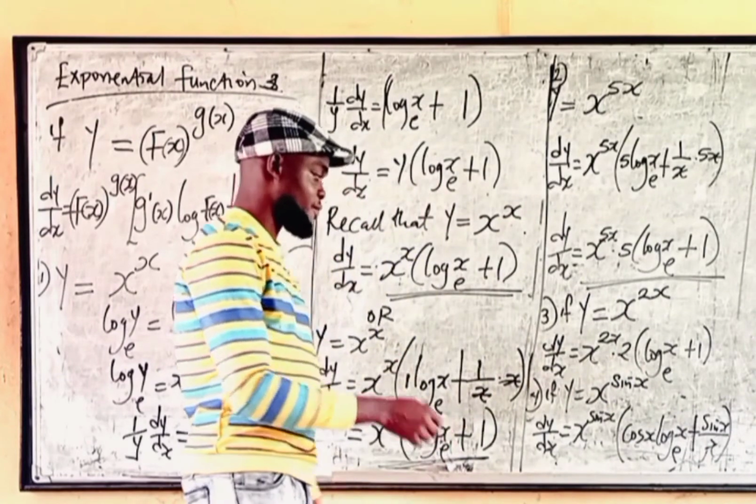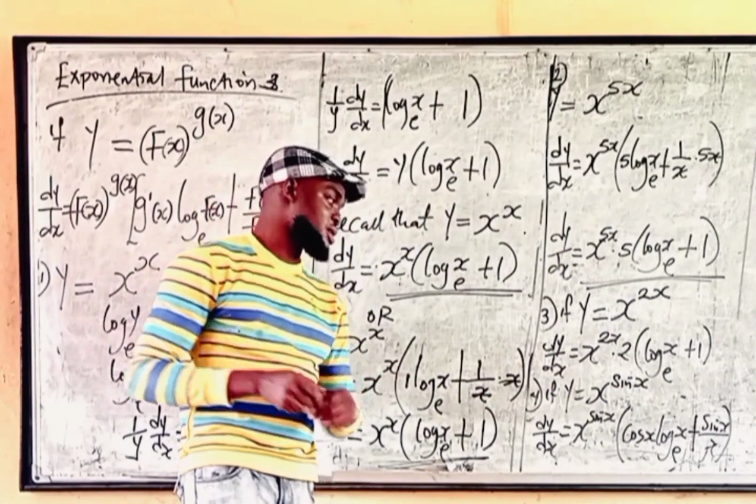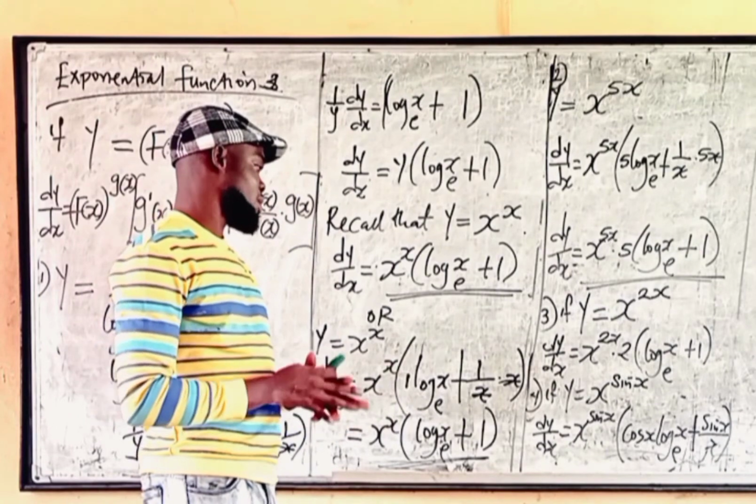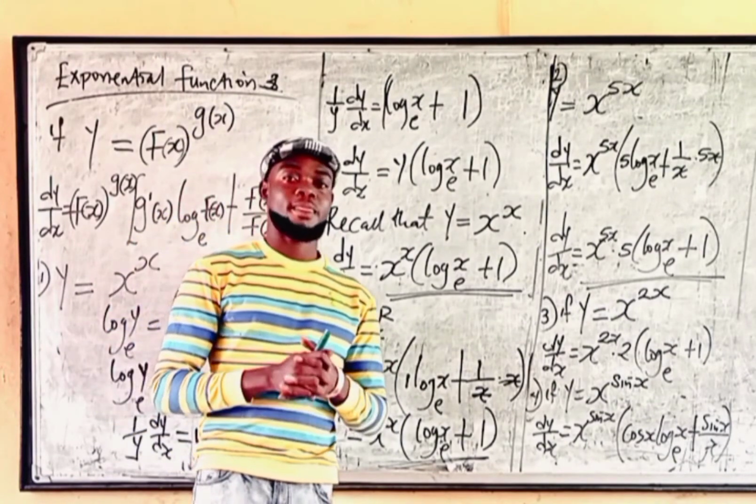That's what you're going to have as your answer. Cos x log x to base e plus sin x over x.